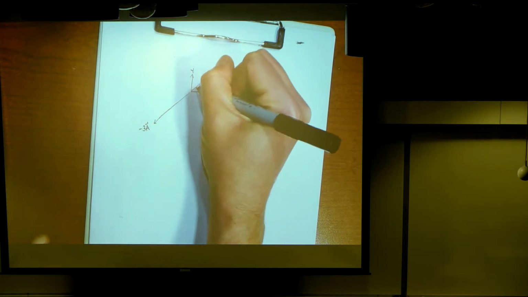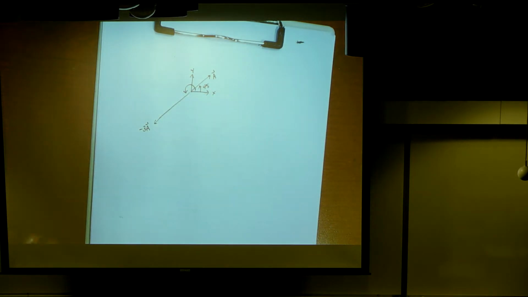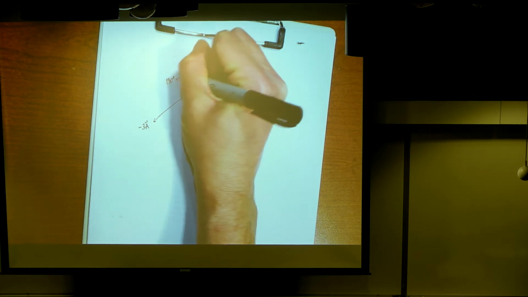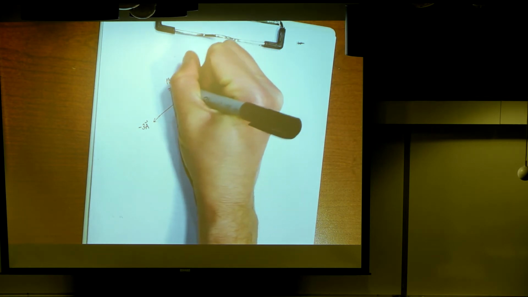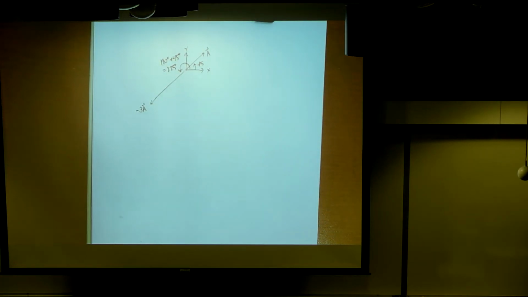And of course, if we were to specify the direction of this vector, it would still be measured off the x-axis. So it's really just like adding 180 to what we had before, right? 180 degrees plus 45, 225. So that's why the answer is 225. All right, pretty straightforward. Good on this? Okay.